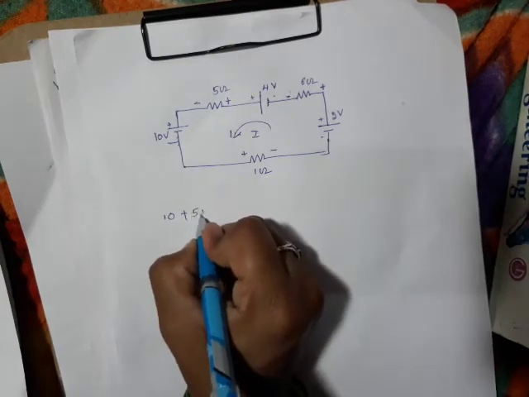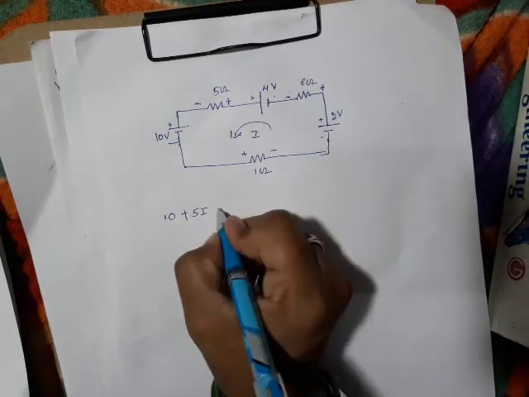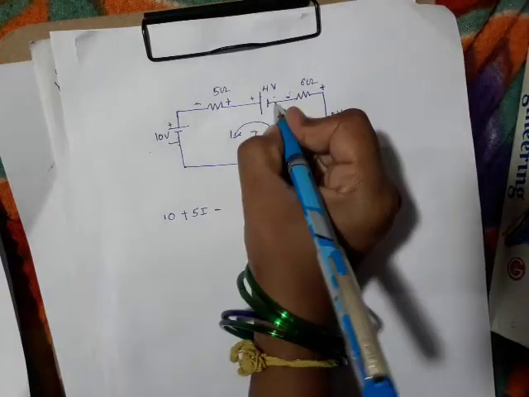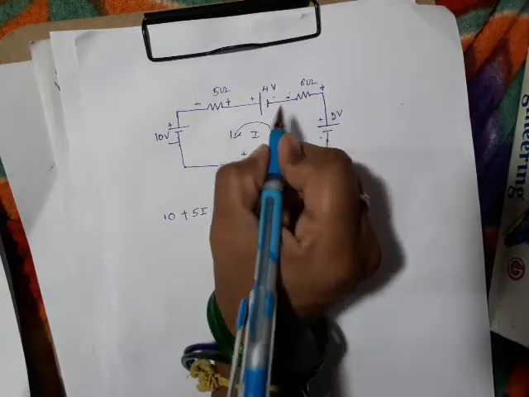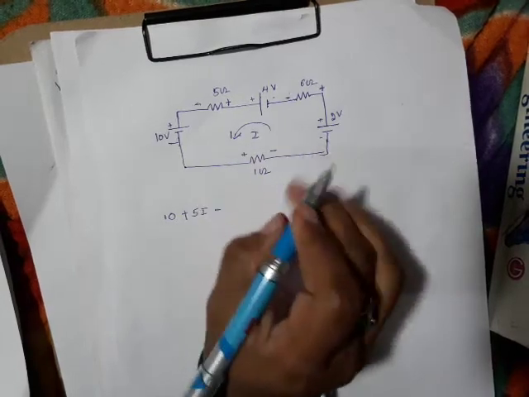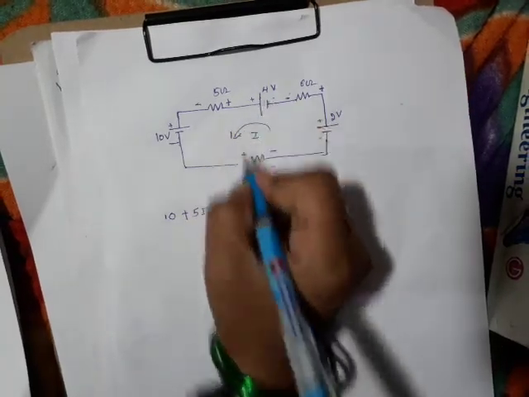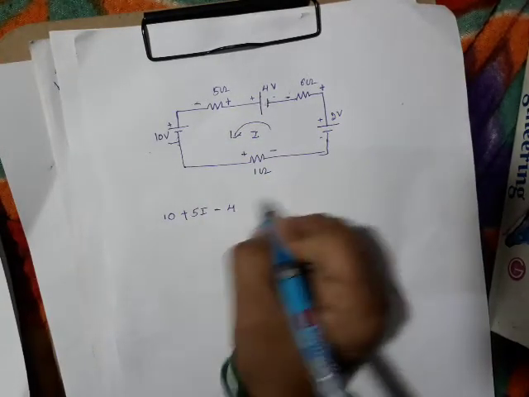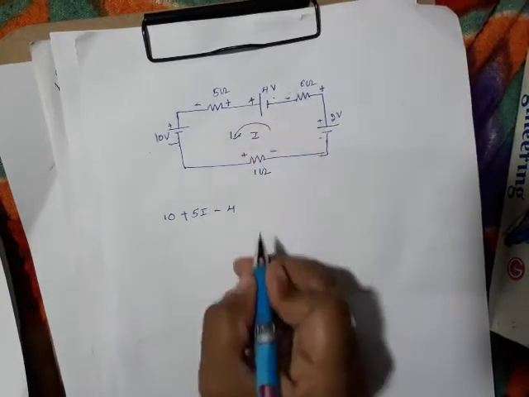5 into I, resistance into current. Again here it is minus because we have not changed this one. This is constant. We have just assumed the current flows in the opposite direction, but the potential drop is still minus because we are stepping down.